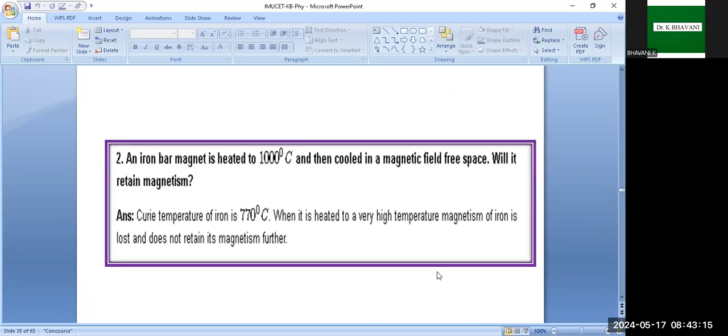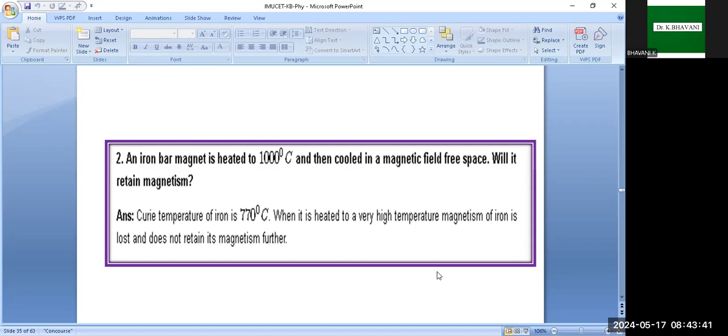And the next question is, an iron bar is heated to 1000 degrees Celsius, 2000 degrees Celsius, and then cooled in a magnetic free space.